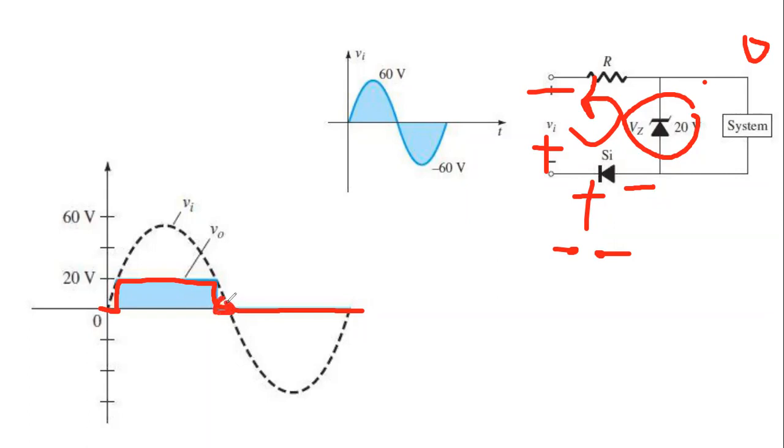And in the rest of the negative cycle, the output is zero because the circuit is open circuited, so there is no current flow here. So that was the 10-minute summary of our last class.